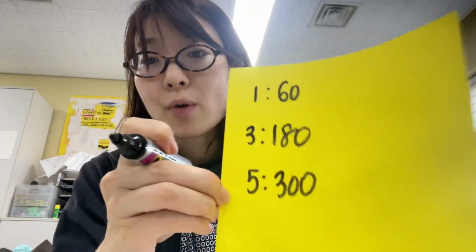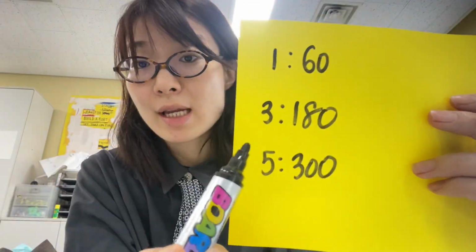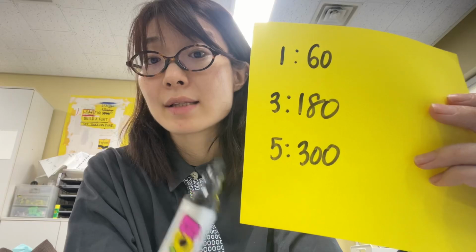I can rewrite it like 1 to 60, 3 to 180, 5 to 300. Okay, I just wrote the very first 3 data values, and I put them in ratio form, and now I'm going to put them in fraction form because a fraction is just another way of expressing a ratio, right?